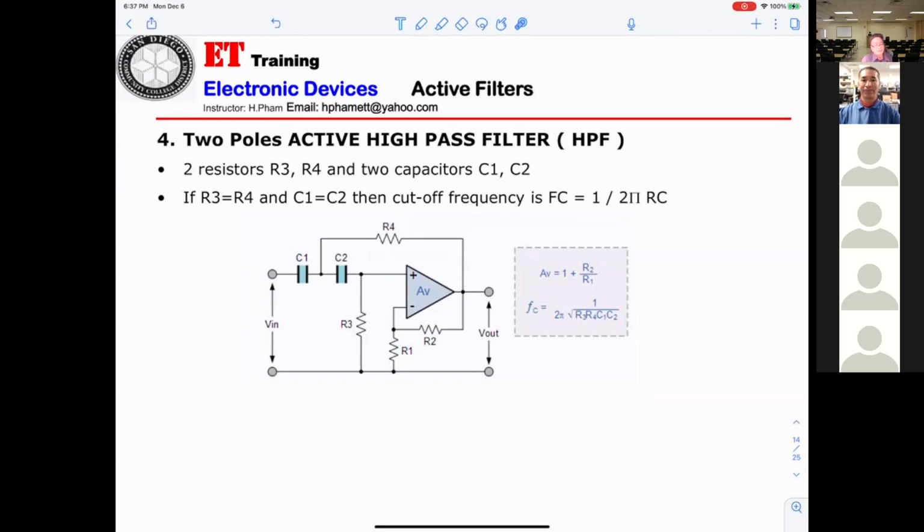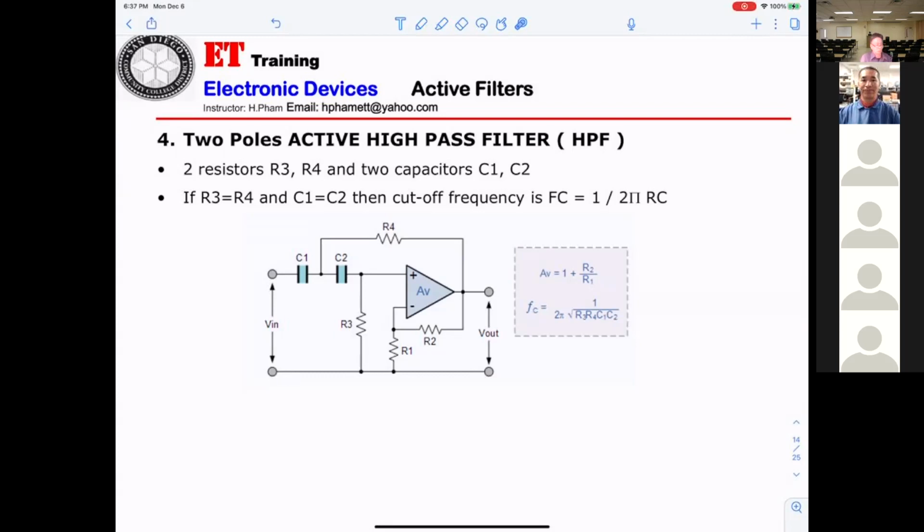The reason I asked the question is, in the two-pole, you get two capacitors, two resistors. The two capacitors are easy to recognize. However, with the resistors, you don't know which one. You can get R1, R2, let's see, 1, 2, 3, 4 resistors.